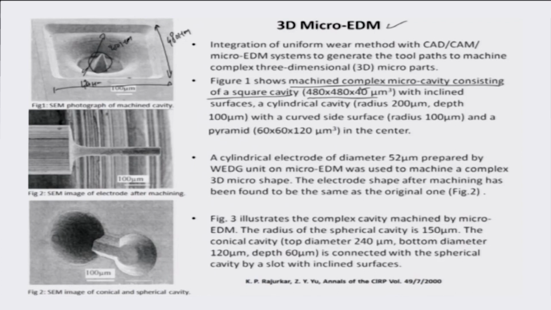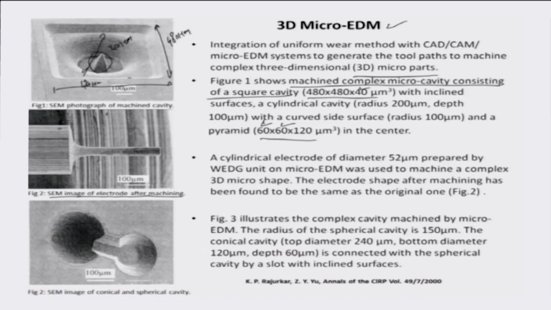The pyramid is about 120 micron tall, and it's a square pyramid, so each side of the square is about 60 microns by 60 microns. This highlights the process capability of EDM to do 3D micro structured architectures or parts.